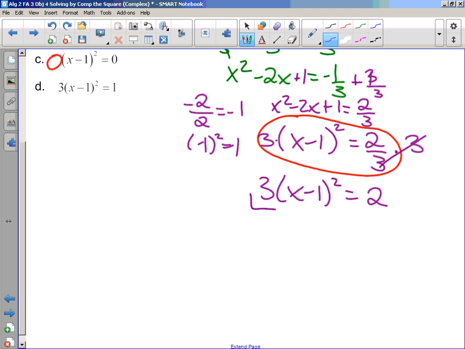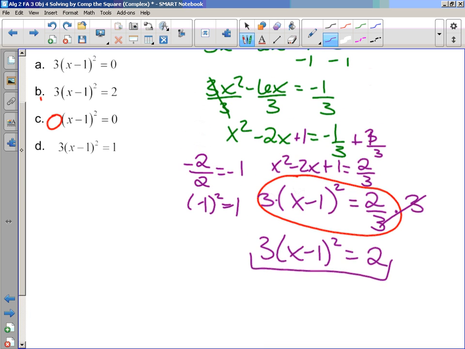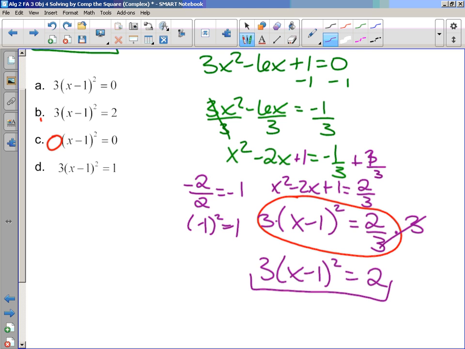So now let's see if this matches up with anything. And lo and behold, it matches up with option B. So I solved using the method that I'm comfortable with, and then I had to do a little bit of tweaking with my equation to then match it up with the option.